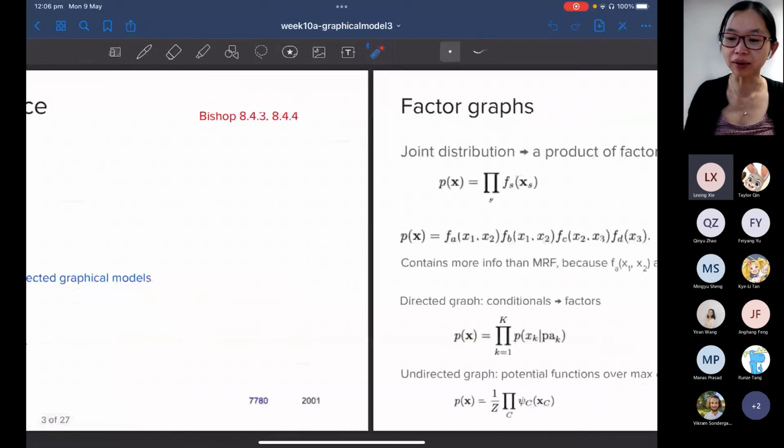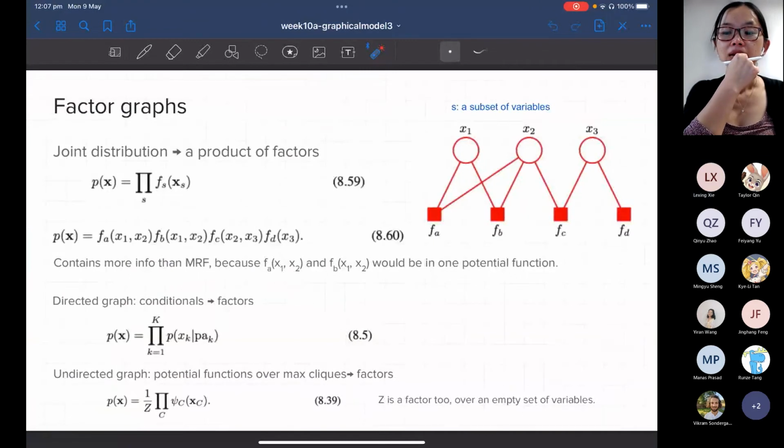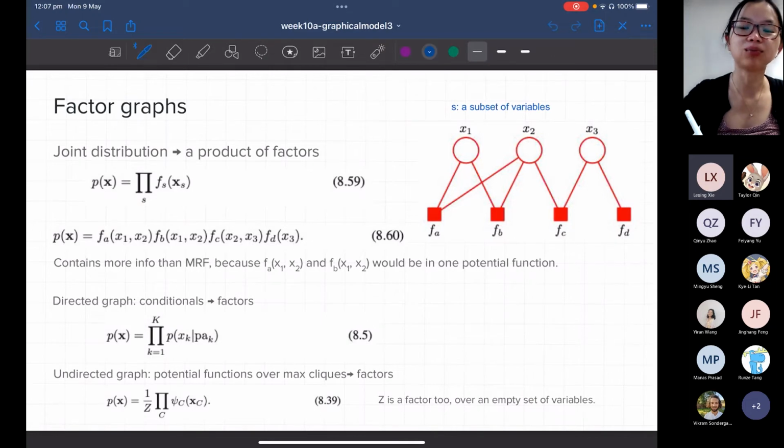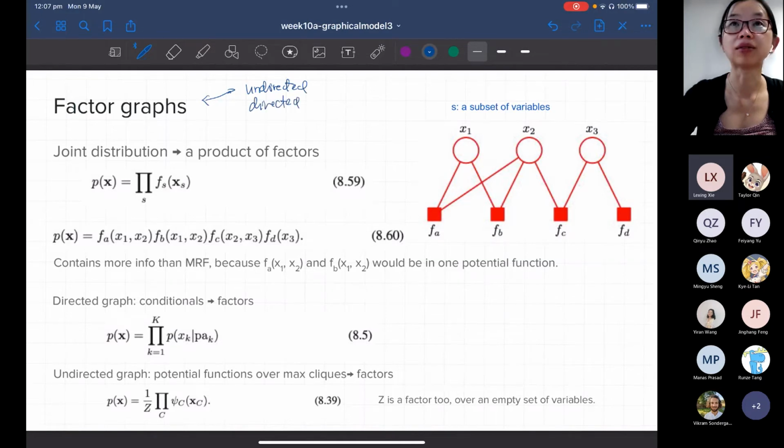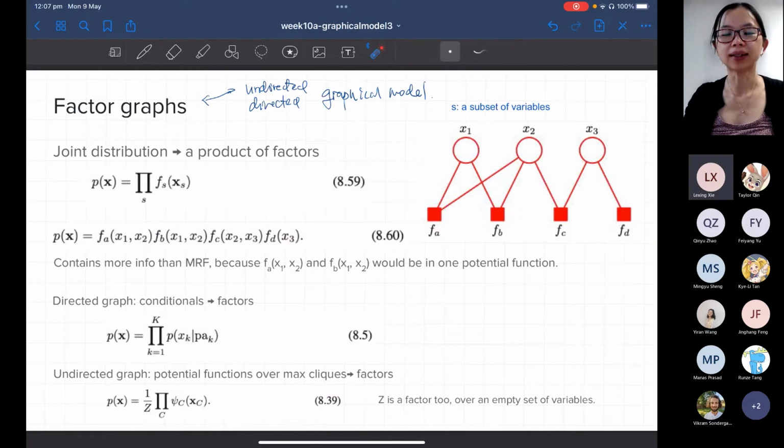All right. So a factor graph is yet another representation of graphical models. There are ways to convert between factor graphs and undirected graphical models, as we talked about, but it has its own set of languages too.